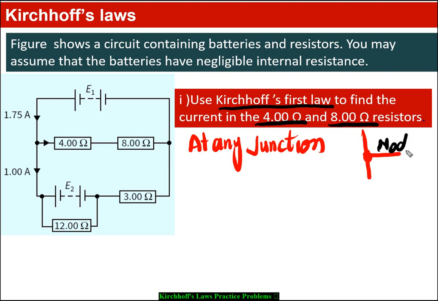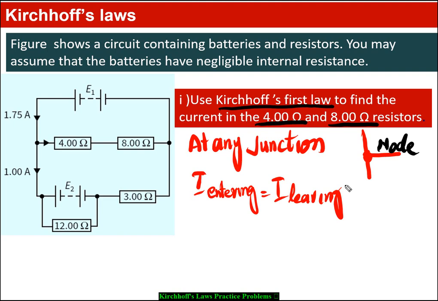So junction and node are the same. At any junction, I entering has to be equal to I leaving. So this is Kirchhoff's first law, and this law is also called KCL.